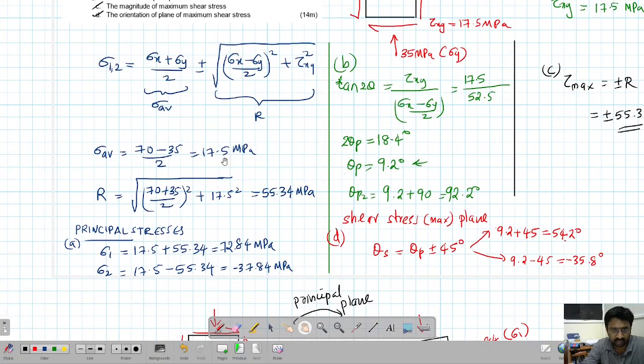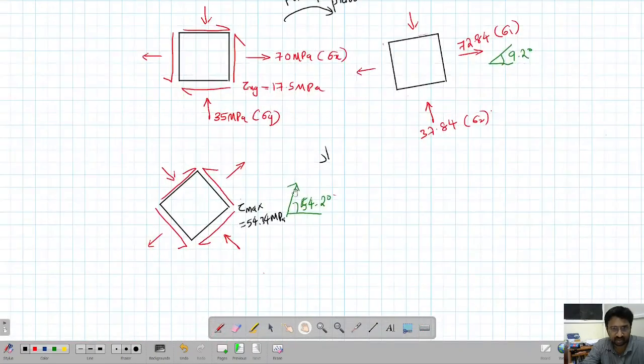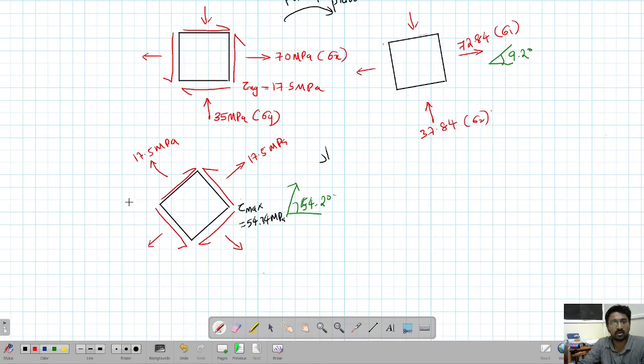This value, 17.5 MPa. So it is plus, so both will be tensile. 17.5 MPa. Okay, so this is the plane for maximum shear. This transformation will give me maximum shear stress.